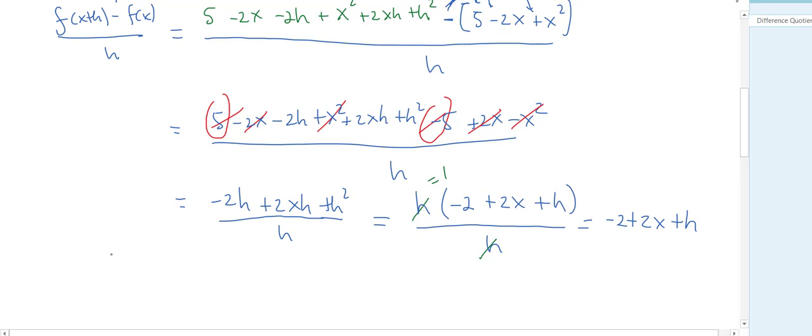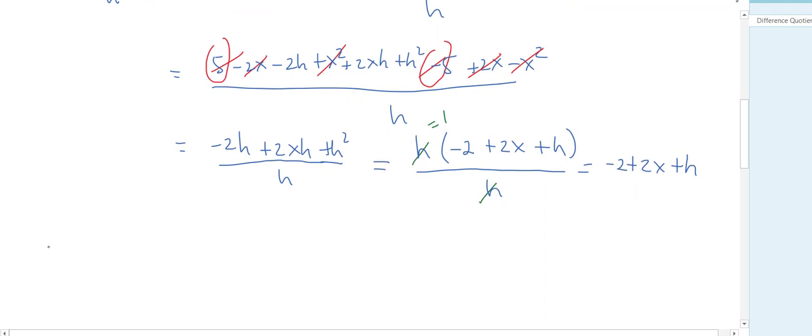Now the other way, if I wanted to simplify f of x minus f of a over x minus a, I do the same thing. f of x is my original function, 5 minus 2x plus x squared, minus f of a.